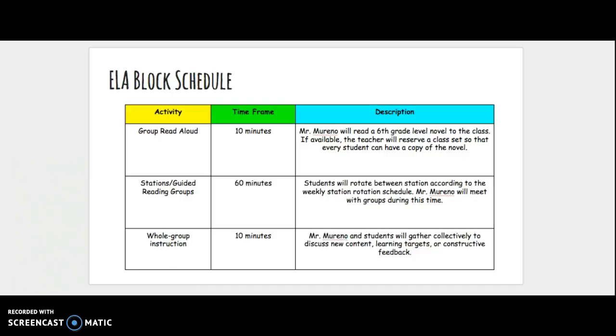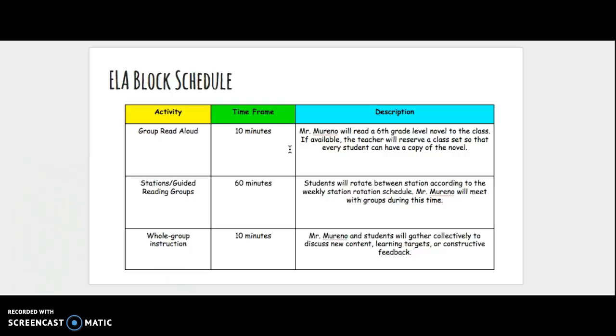In further detail, this is how the individual class periods will be split up. The class periods are 80 minutes long. Each day will start out with a group read aloud for 10 minutes. The reason I decided to do this is because I am very aware that not all students who come to me in the sixth grade will be at a sixth grade reading level.